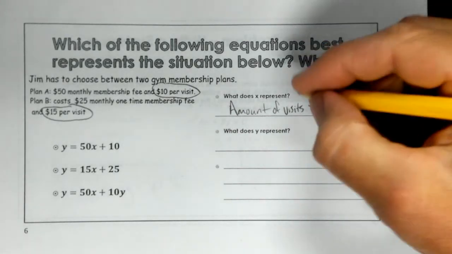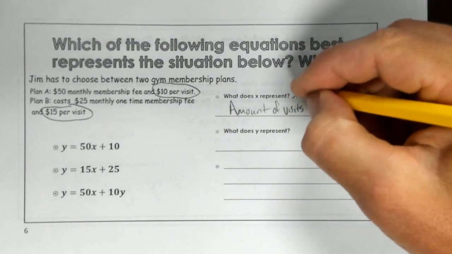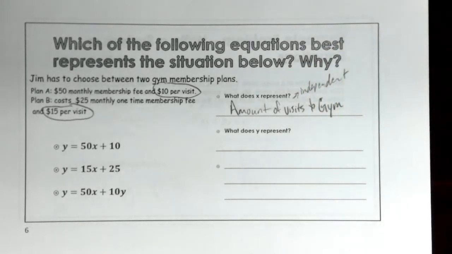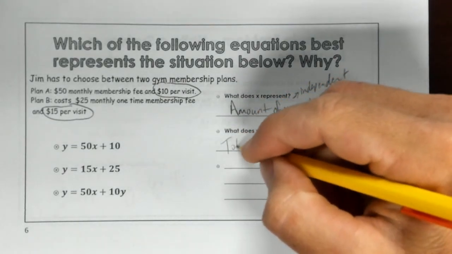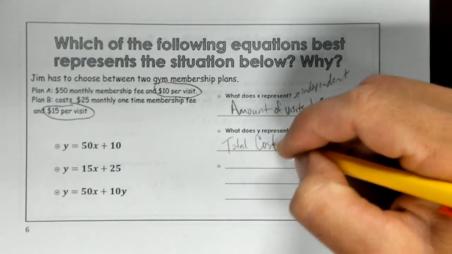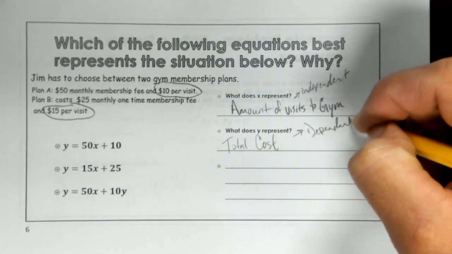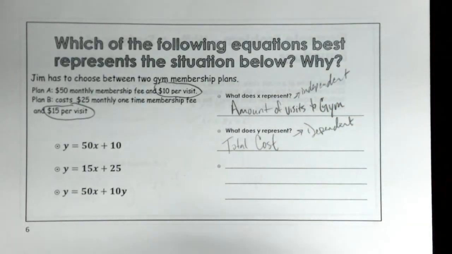Okay, so again, that is my independent variable. We can go as many times as we want to, as long as we got enough money to support that. The Y value depends on how many times I go to the gym. What's the Y value, Nishat? Total what? Total cost or total amount paid. Same thing. Great. Independent, dependent.